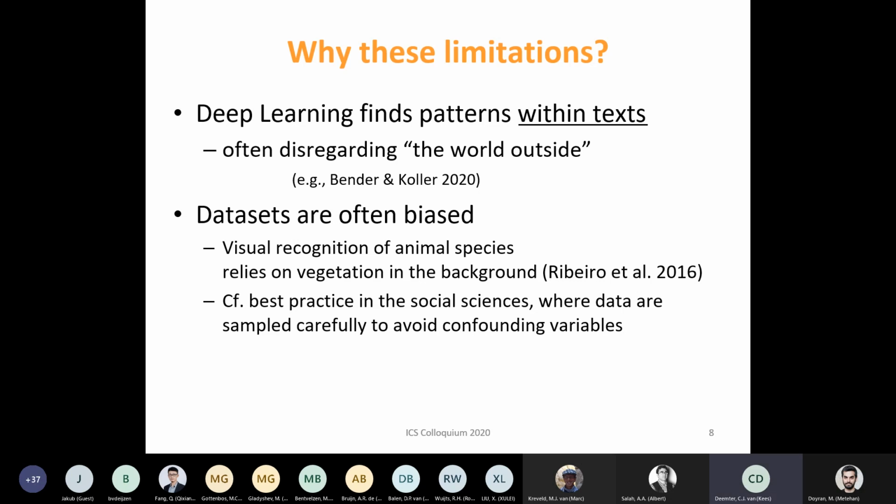So all kinds of statistical errors are creeping in. What you can learn from that is, of course, when you compare with the social sciences, they too work from data, just like we are used to doing, but they seem to have a more grown-up attitude about data, where they're very careful about avoiding confounding variables.